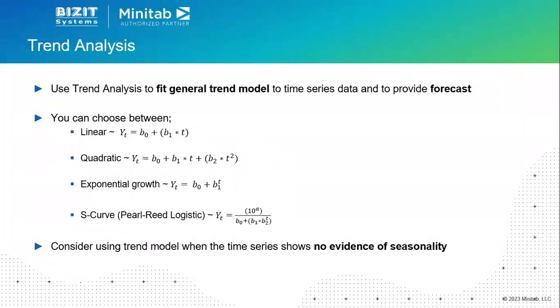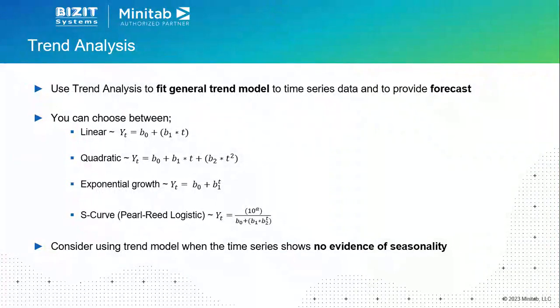Minitab also provides the S curve, or logistic. Consider using the trend when the time series shows no evidence of seasonality. If your observation shows no seasonal pattern, you can proceed with the trend analysis, whether linear, quadratic, exponential, or S curve.